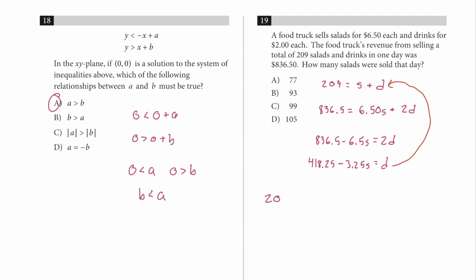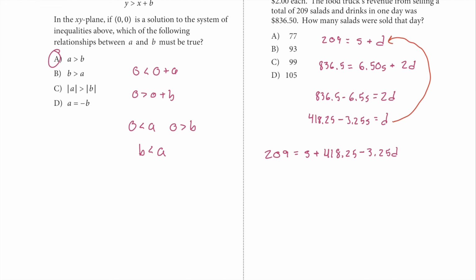So now we have 209 equals s plus 418.25 minus 3.25s. And we want to get s alone because that's the number of salads sold. And so we're going to subtract 418.25 to the other side.